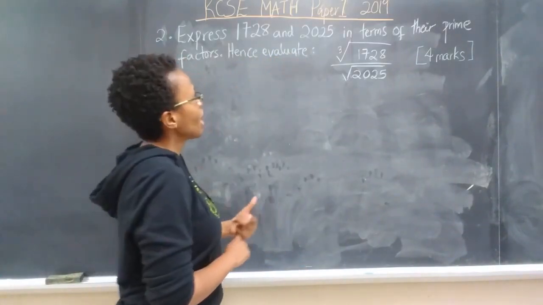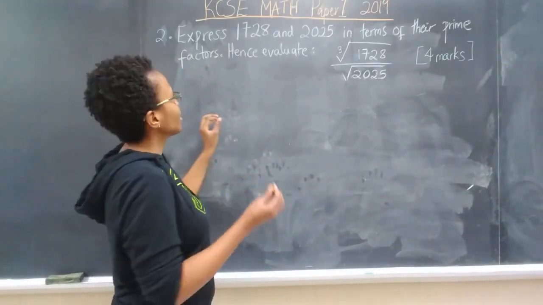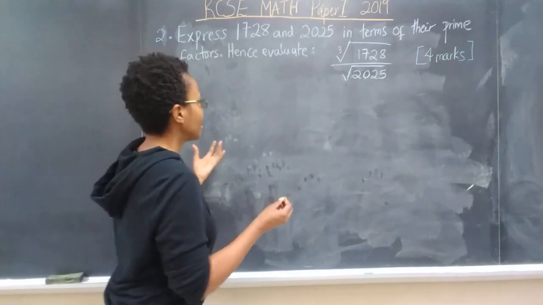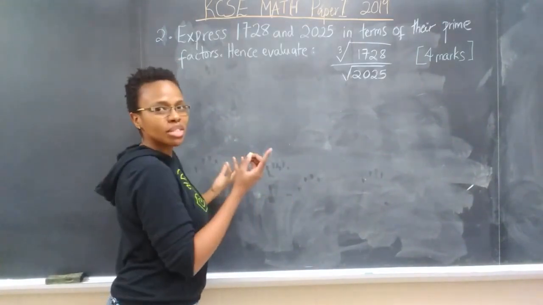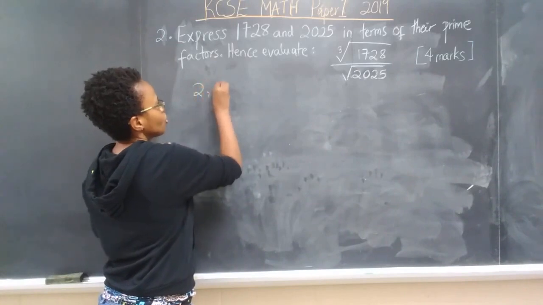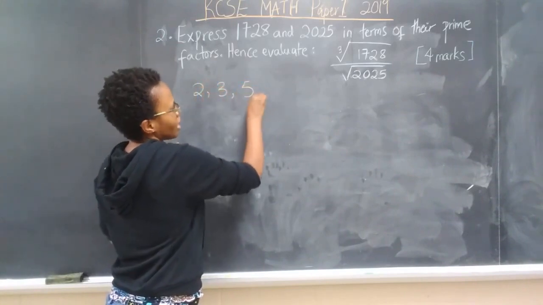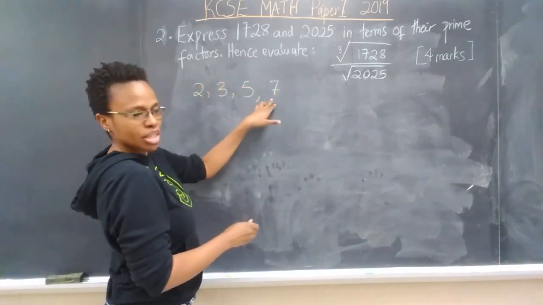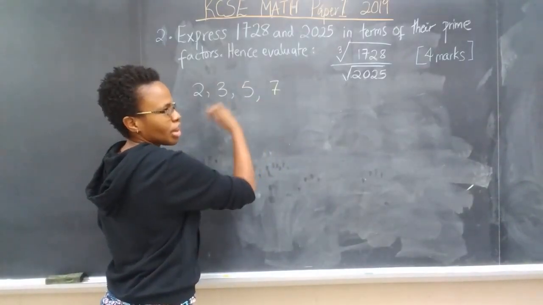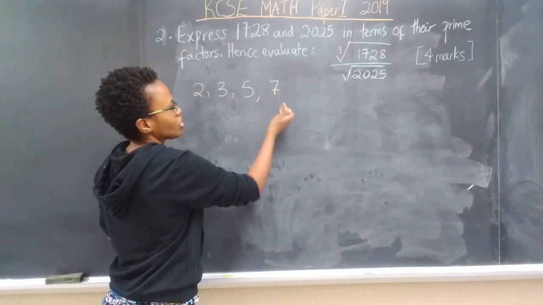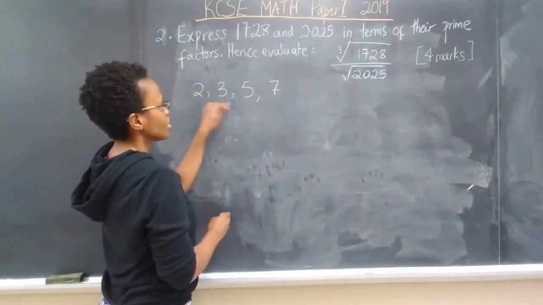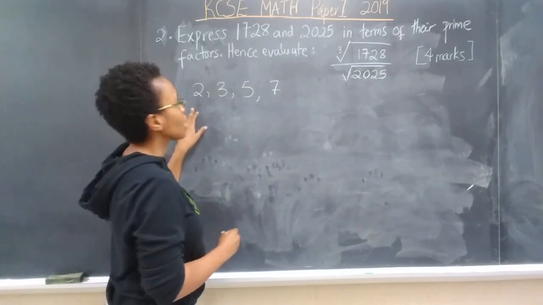So a prime factor is basically a small prime number, and a prime number is a number that is only divisible by 1 and itself. Some examples of prime numbers include 2, 3, 5, 7. These numbers can only be divisible by 1, like 7 divided by 1 is 7, and 7 divided by 7 is 1. So there's no other number that can divide 7. Similarly, the same goes for these other numbers.